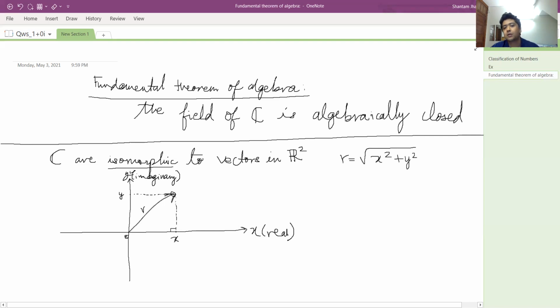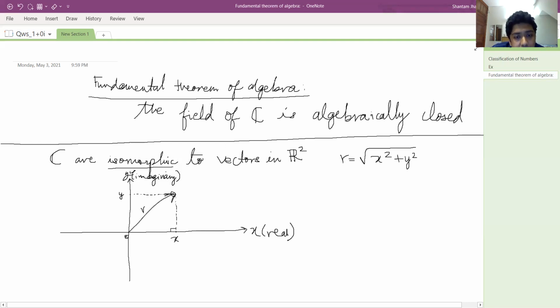Right, I'm going to get r squared equals x squared plus y squared, and I know that r is positive in this case because I'm talking about a magnitude, a length, right? And so that positive value is going to be the square root of x squared plus y squared.